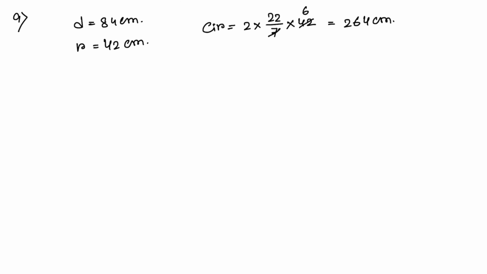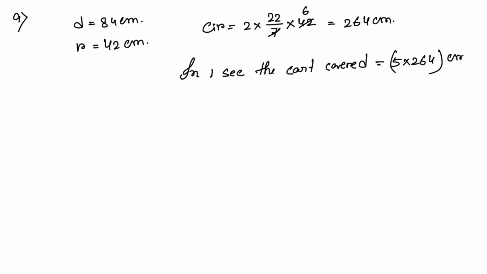Find the speed in kilometer per hour. In 1 second, the wheel of the cart makes 5 revolutions. So the cart covers 5 into 264 centimeter distance. First multiply 5 into 264, it's 1320 centimeter distance.